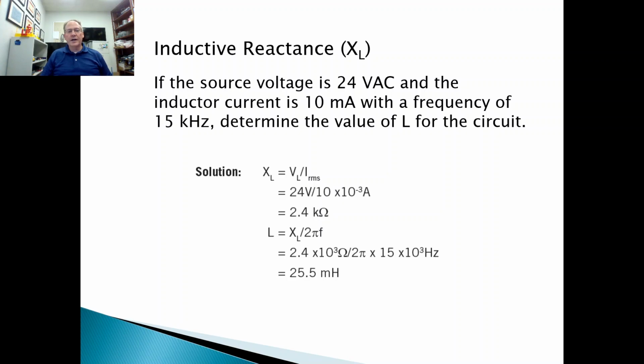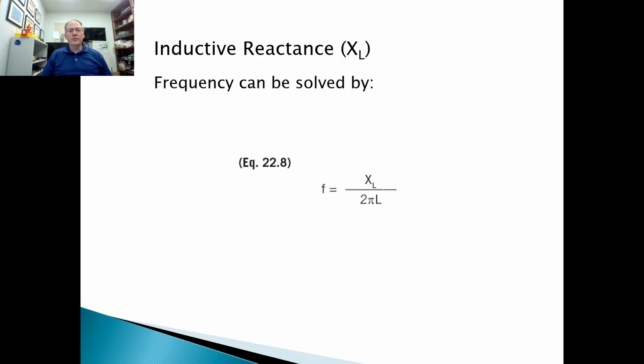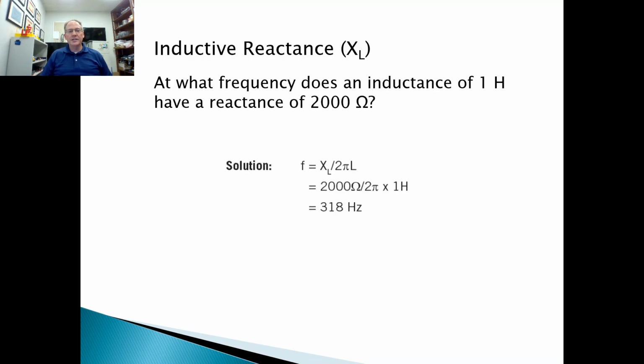Now divide that around and you get L equals XL divided by 2 pi frequency, and you end up with 25.58 millihenries. All right, so it's just a little algebraic manipulation there. Now, frequency can also be solved by solving for F, and you can determine that there.